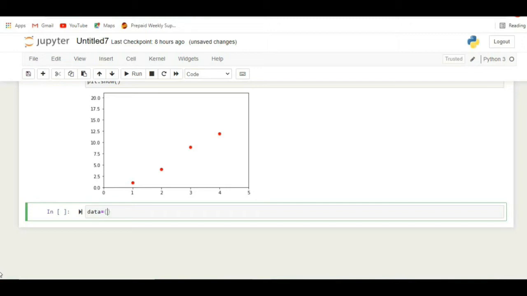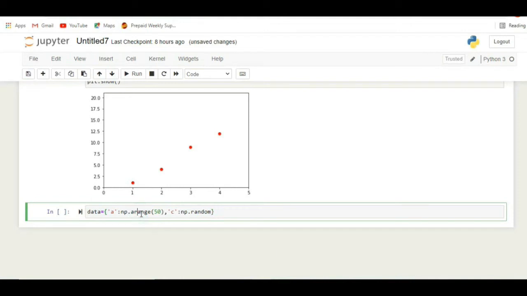So data is equal to, inside the curly brackets, in single quotation marks, 'a', colon, np.arange, inside the parenthesis you will write 50, comma, then inside single quotation marks 'c', colon, and then again np.random.